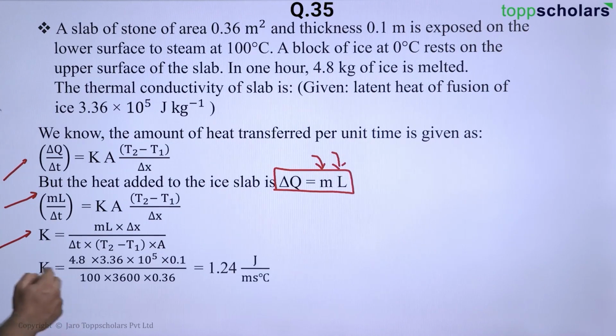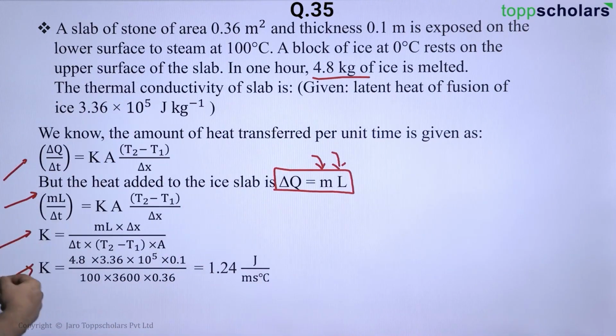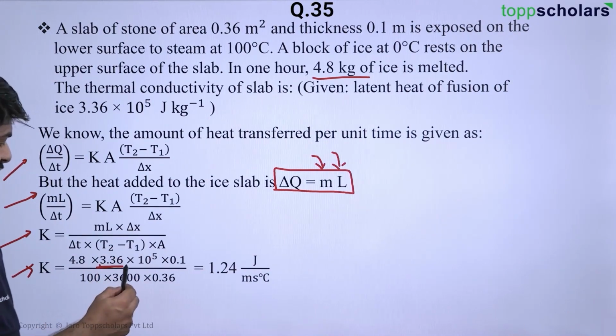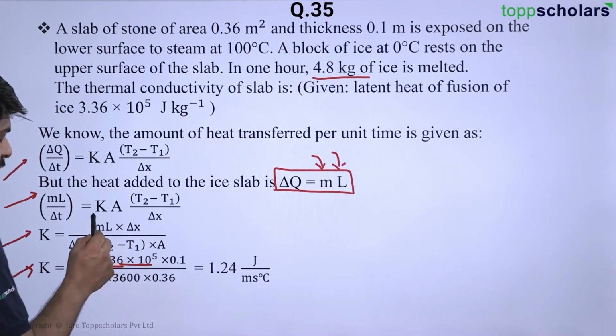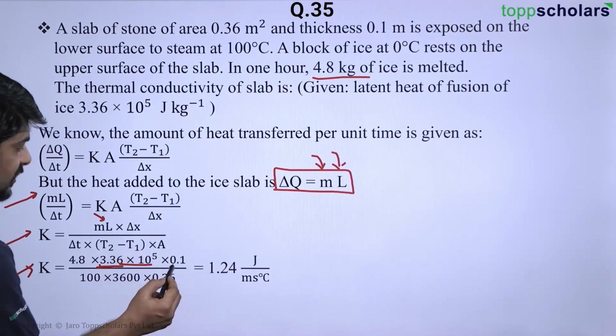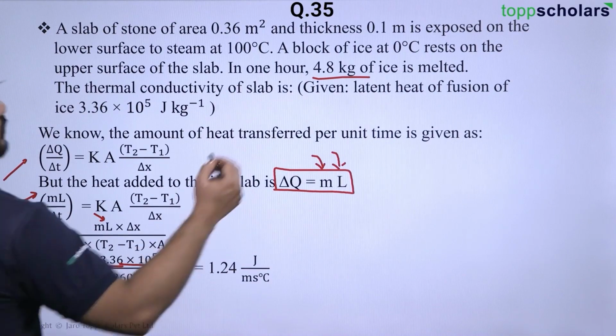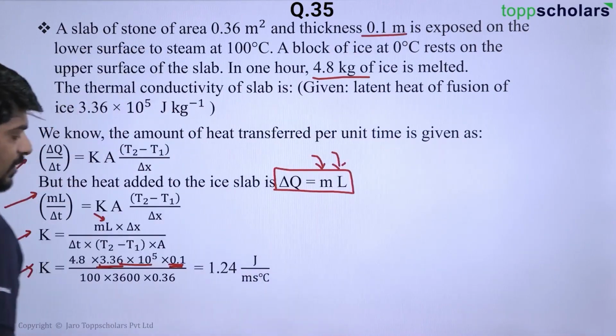Now we will just put the numbers. M is 4.8 kg, the mass of ice melted. Then 3.36 into 10 raised to 5 is the value of L, the latent heat. Then delta X is just 0.1, because thickness is given as 0.1 meters.